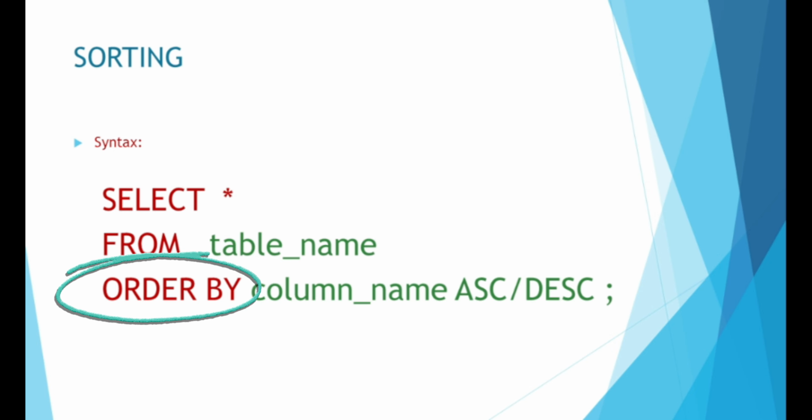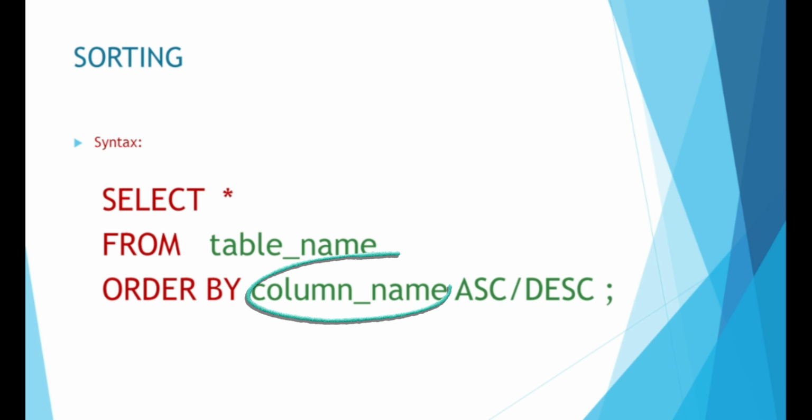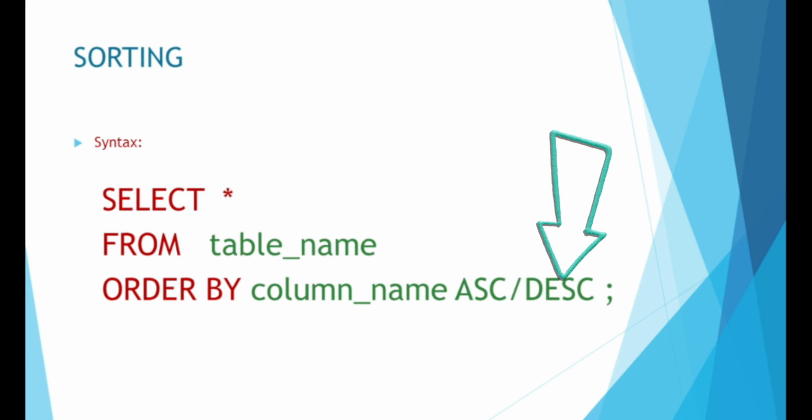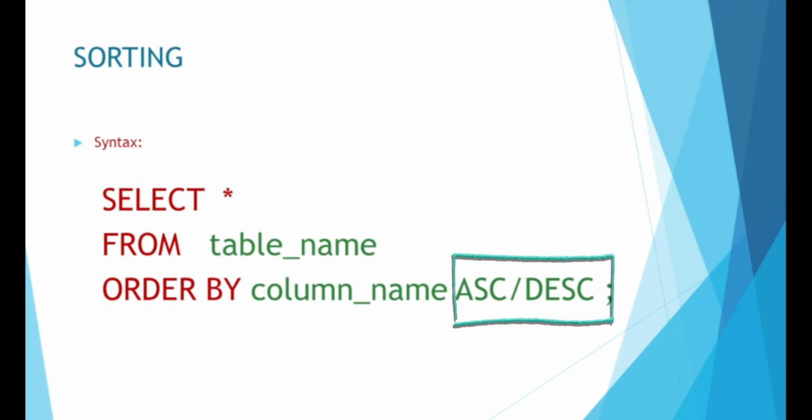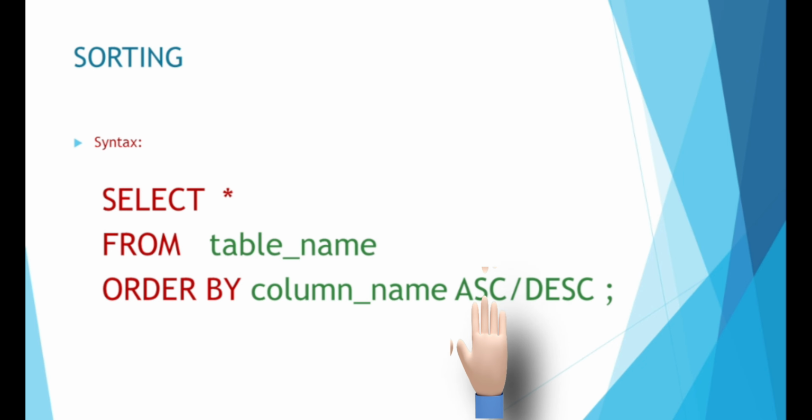Then we add the new keyword ORDER BY, then place the selected column name. Finally, we use ASC for ascending order and DESC for descending order. This one is optional. If you are not using ASC or DESC, by default MySQL will sort in ascending order.